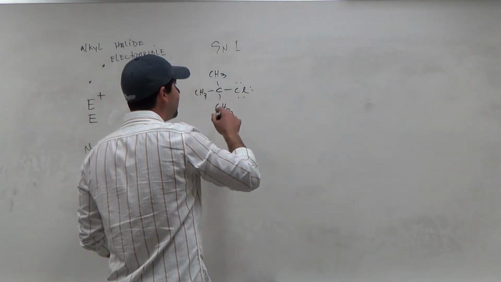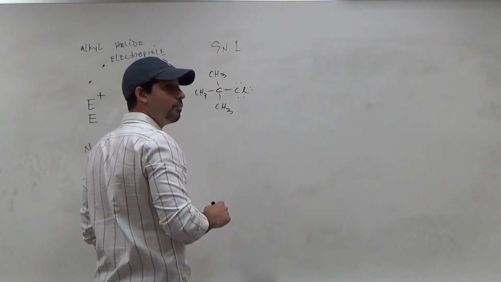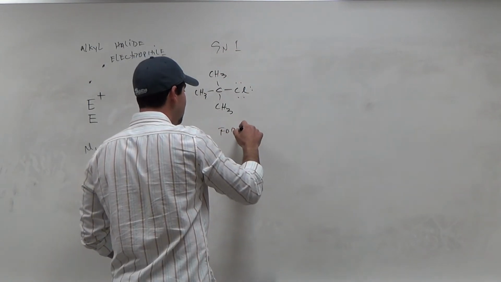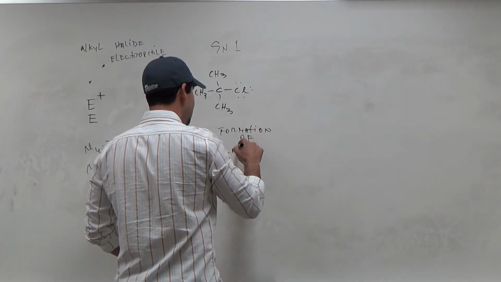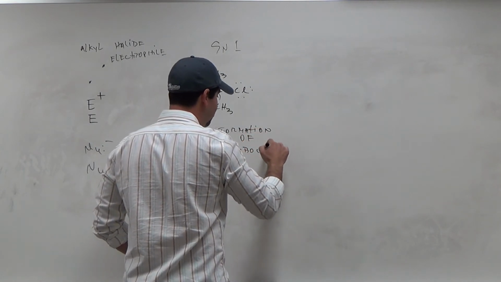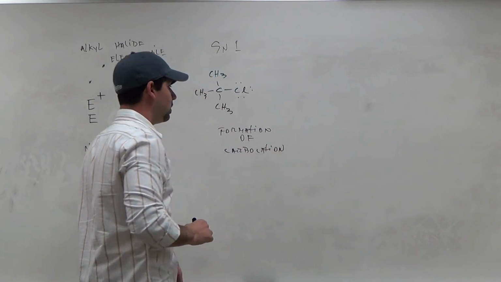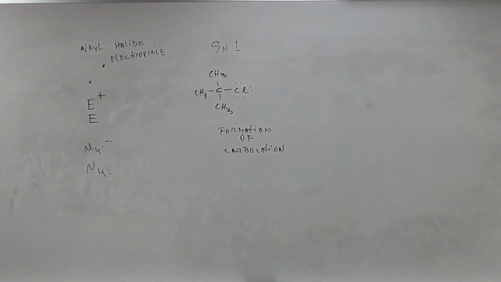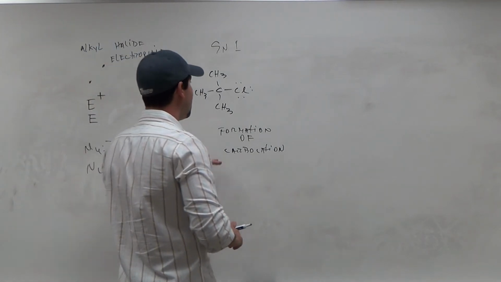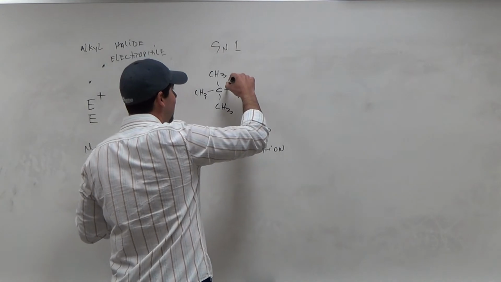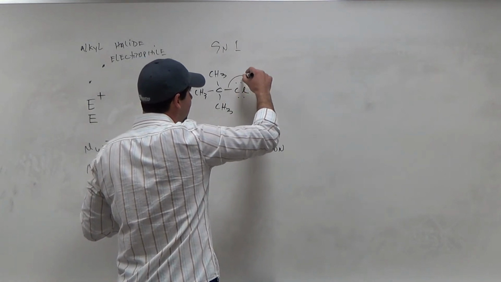So what happens is when you have an Sn1, there is a formation of a carbocation, with the possibility of rearrangement. Every time you have the formation of a carbocation, there is a possibility of rearrangement, and it will rearrange. So, the formation of the carbocation, how does that happen? The chlorine says, hey, I'm out.